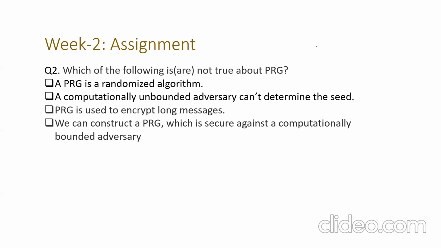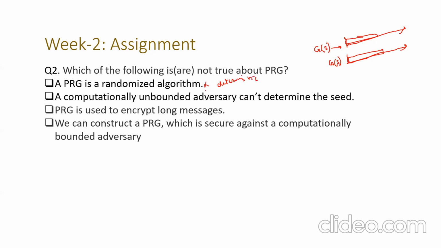Randomized means that if you run an algorithm with the same inputs, you can get some other output every time. But if it is a deterministic algorithm, G of S will always be the same string every time you run it with the same input seed S. So it is deterministic, right?